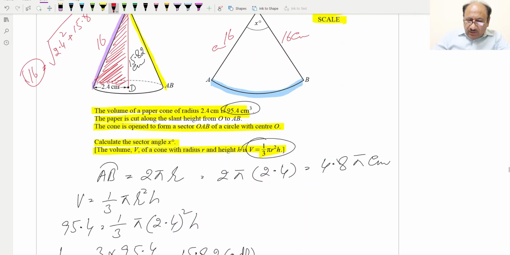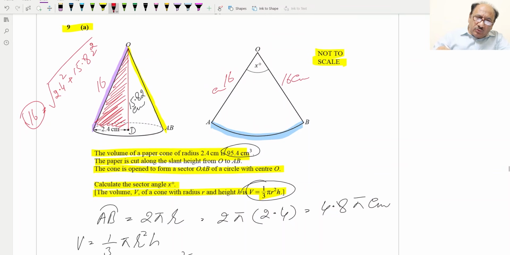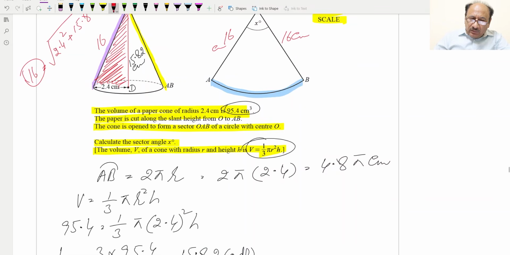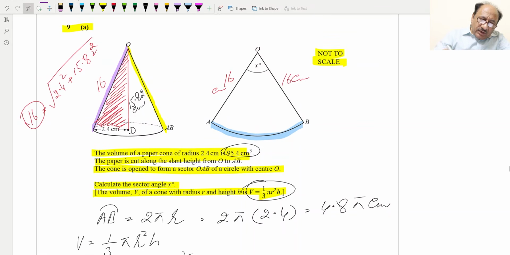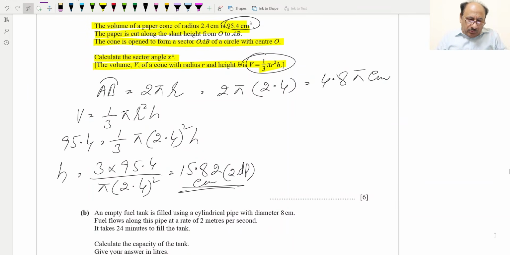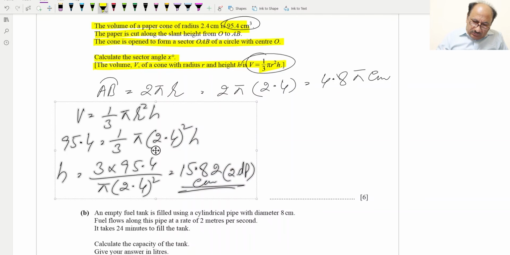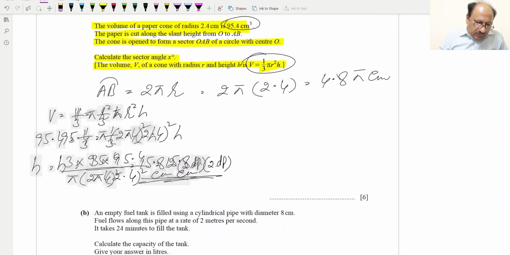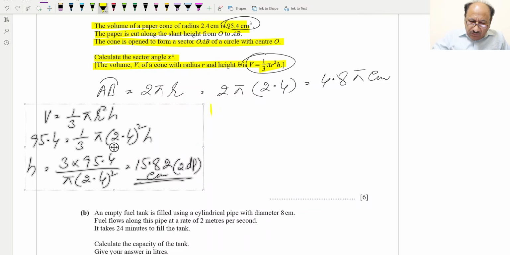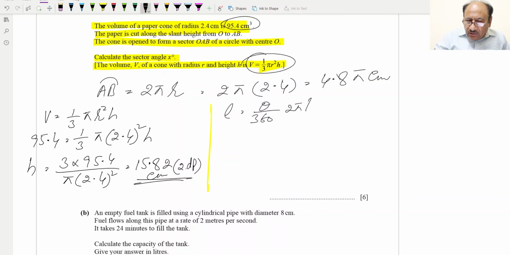Now we can apply the length formula to find the angle. We need to find this angle, which is the x value. What I will do is shrink this a little and move this one. Now we can apply the length formula, L is equal to theta over 360 into 2 pi r.